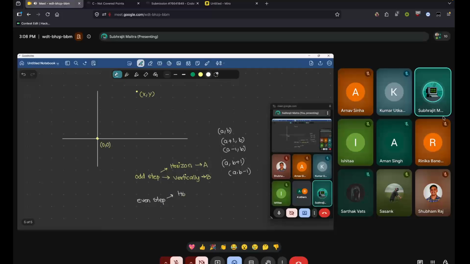That is, for horizontal moving, we need cost B. For vertical moving, we need cost A. So you just need to tell me the minimum cost to reach from 0, 0 to our target. Is the question clear? Did you understand what horizontal and vertical move mean?